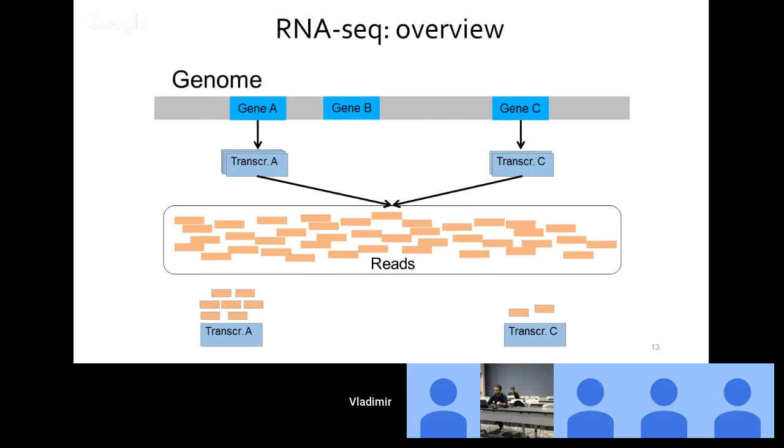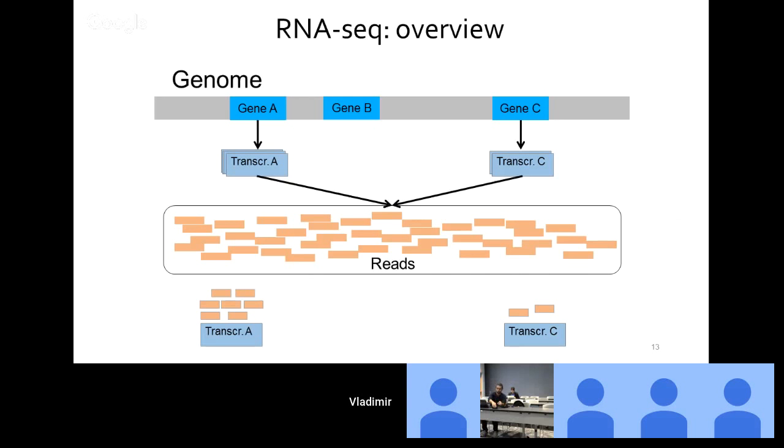So in order to analyze the expression levels, the activity of various genes, all we need to do is to map these reads back to transcripts. This task is feasible, as for model organisms, and in particular for humans, we know the nucleotide sequences for all the genomes.